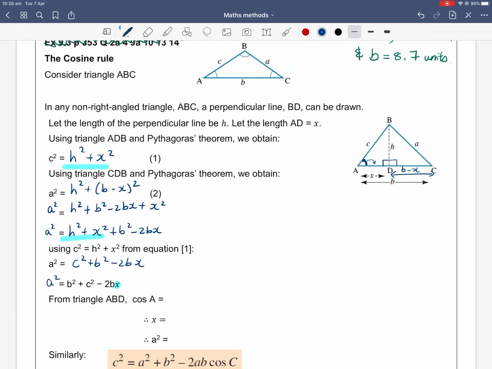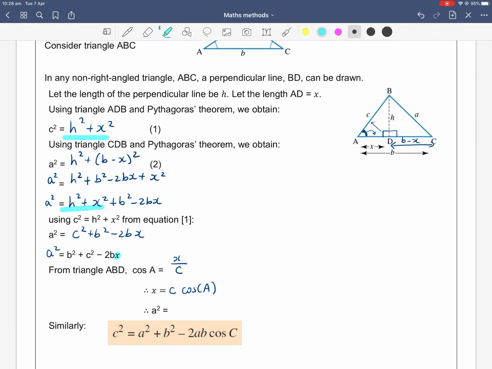Cosine of this angle A is adjacent, which is side length x, over hypotenuse, which is side length c. So cos A can be written as x over c. Rearranging this, we can say x is c times cosine A. So we can replace that with the x in the 2bx. So a squared is b squared plus c squared minus 2bc times cosine A.